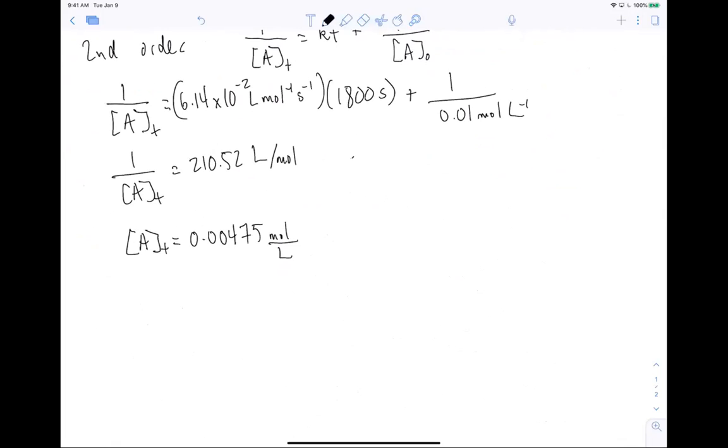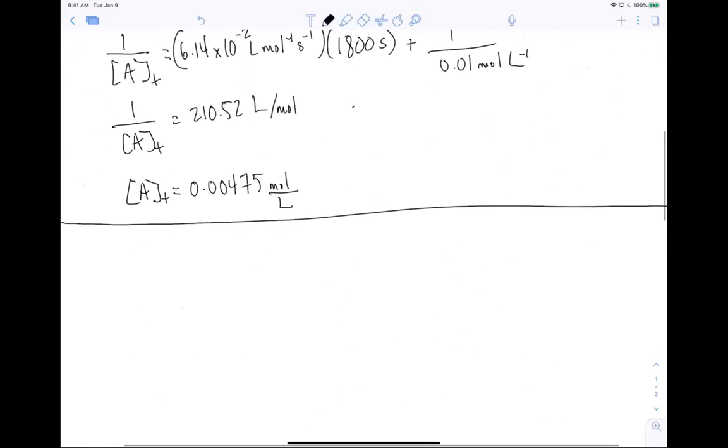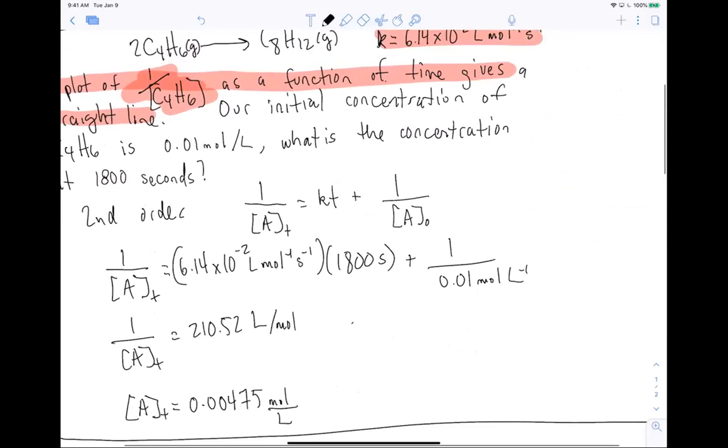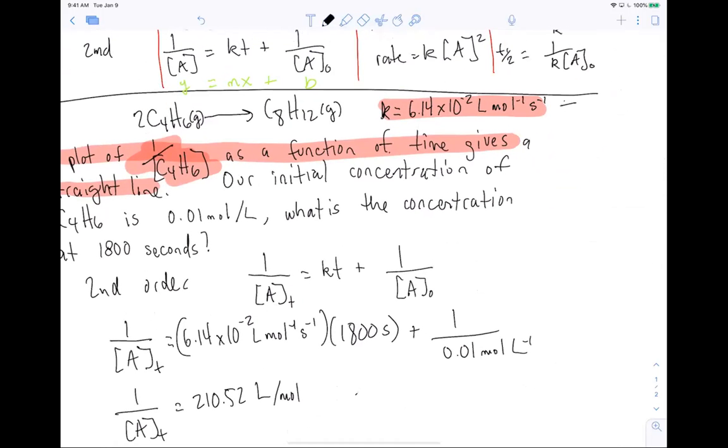So typically for integrated rate laws, you're looking at time as a function of concentration. So the data that you'll be given, before we move on. Oh yeah, I just gave it to you in the problem.